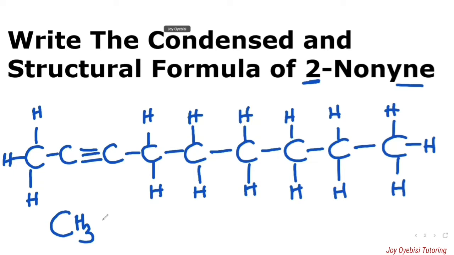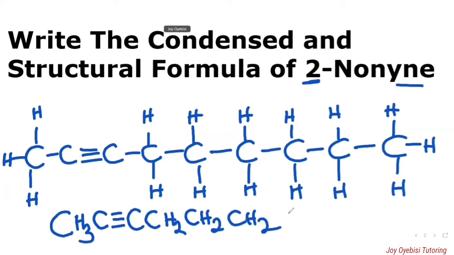This one here has no hydrogen, but has a triple bond to another carbon. Put that there. Now this other carbon has 2 hydrogens, so put it in front. This also has 2 hydrogens, this has 2, this has 2, and the last one has 3.